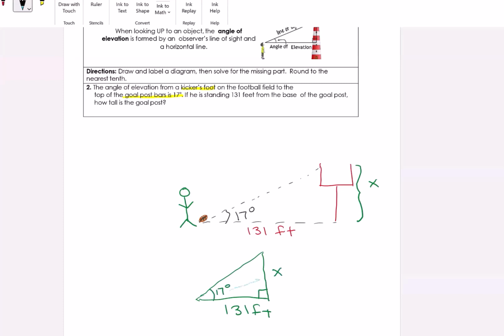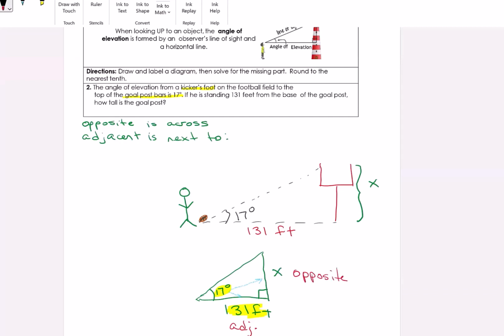This is the opposite. And this is the adjacent. Opposite is across. Adjacent is next to. That means next to the 17-degree angle is 131 feet. This is the adjacent. This is across. This is the opposite.